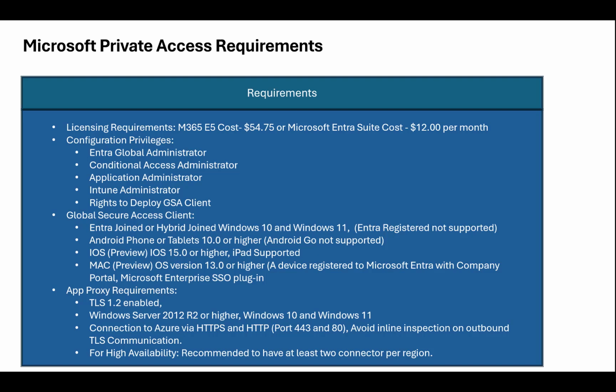And for high availability, it is recommended to have two connectors per region, right? And this is where I was talking about the global approach, or geopolitical reasons. So you can have two connectors deployed in each region, right? Let's say you have an EMEA location, you have a US location, you have locations in Asia Pacific. You can always have these connectors deployed, very straightforward to do. You can create connector groups for each region, and you can publish your applications around it, right?